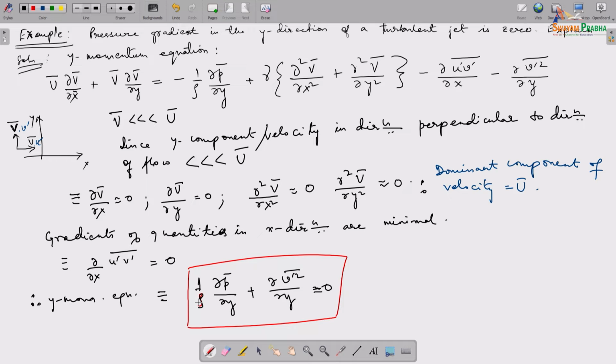So 1 by rho del p del y and del v square del y. Now, if you see here, essentially all these terms are removed from the equation, and only this and the last one remain, right. So on what basis are we removing this? Well, these terms basically said the component of velocity which is most dominant is in the x direction, and the y component is therefore minimal compared to that. And using that, we basically say the derivatives with these directions are 0, right.